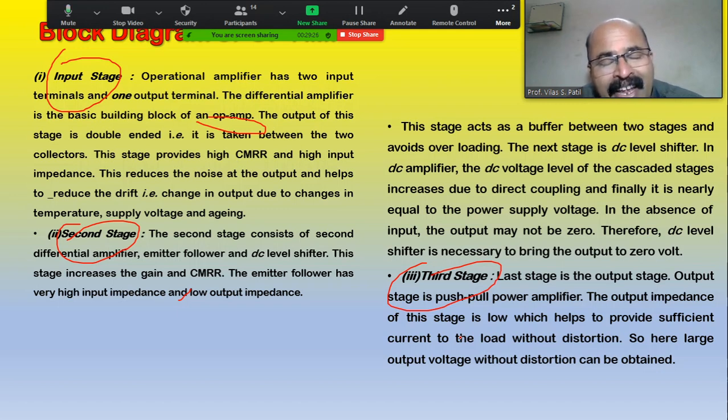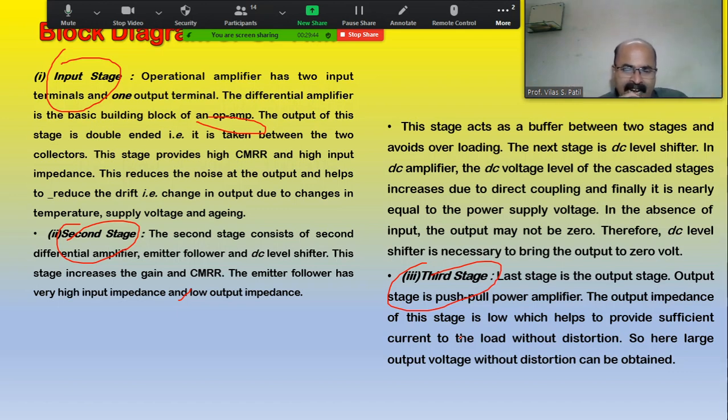Drift माहित आहे, इनपुट व्होल्टेज वाढलं की व्होल्टेज वाढतं, अशा ड्रिफ्ट मध्ये आपल्याला ऍप्लिकेशन करायचं नाहीये आणि that is the first stage is going to give the output to the second stage. What is the second stage?